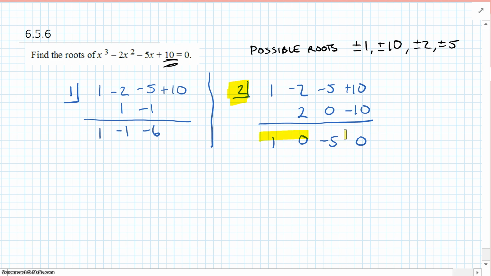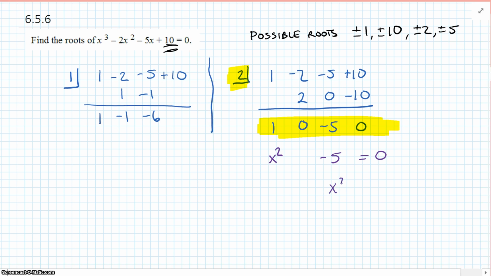Okay? And we know all these coefficients down here create a new second degree polynomial. So we could rewrite this as x squared plus 0x, we're just going to leave that blank because it's 0, minus 5. And that would equal 0. So how do we solve for x? Add 5 to each side, so we get x squared equals 5.